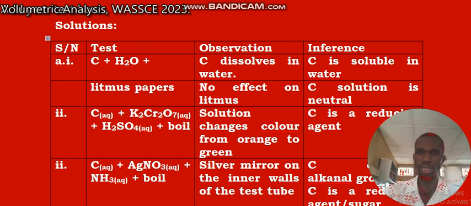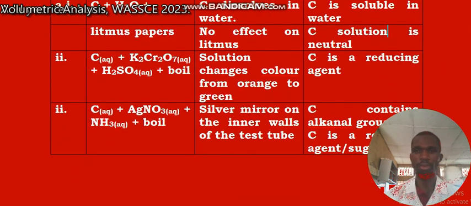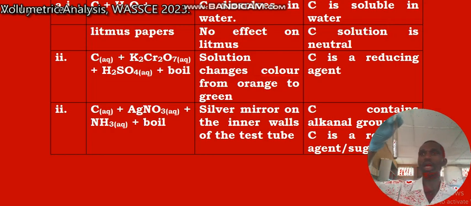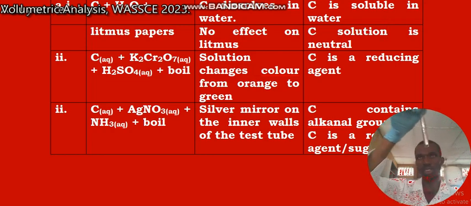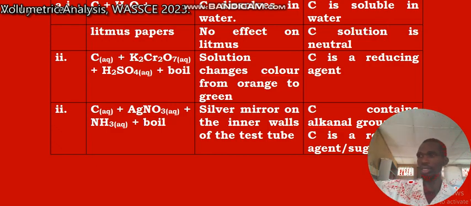That shows that C contains an alkanal or aldehyde group, and C is a reducing sugar. If they include sodium hydroxide in the equation, it will still give you a silver mirror, and that is it on part two.